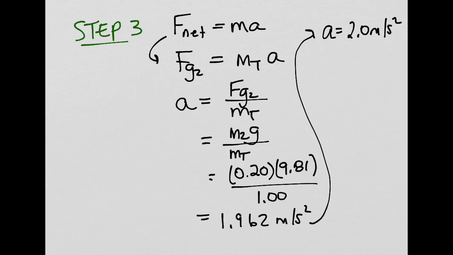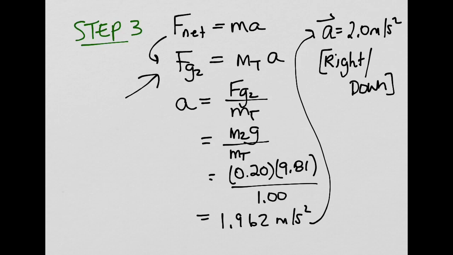When doing questions like this, in terms of direction, you can say to the right or down in this case, because if Fg was positive and that was this way, then the total system goes in this kind of two-dimensional direction.